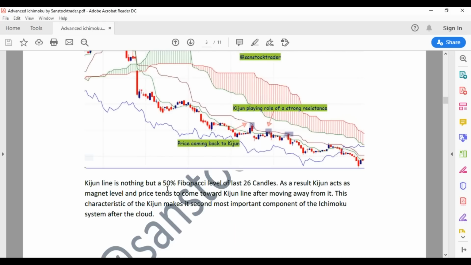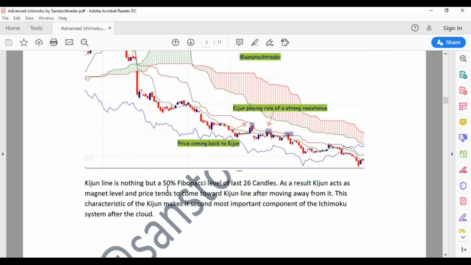So a lot of times I get a question from traders: now it is 20 days, so do I need to change the Kijun setting to 20 days? Believe me, guys, I had tried it. But what I came to the conclusion is that the default 26 period works really good.